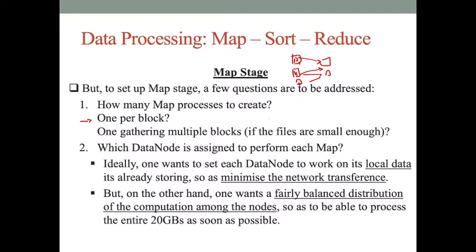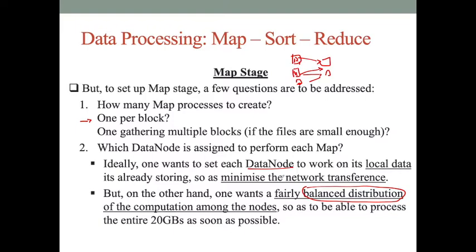Remember the mappers are going to be in a data node, and the MapReduce system is going to be doing all this coordination. We don't need to worry about that. And it will be done in a very balanced way, so that all the data nodes process more or less the same amount of data, the same number of blocks.